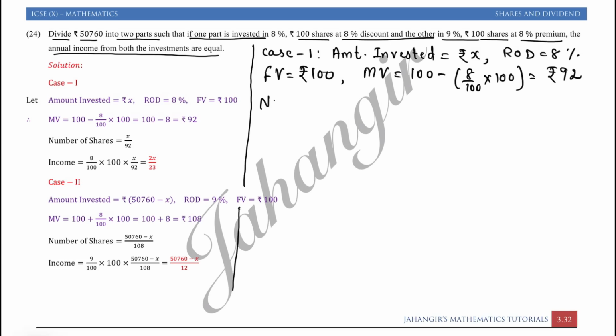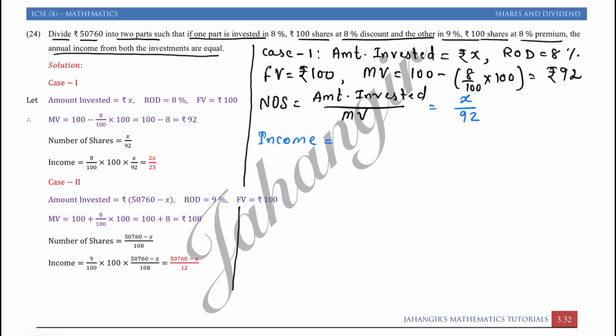Number of shares is equal to amount invested upon market value, that is x upon 92.